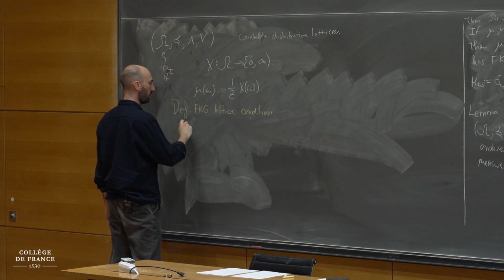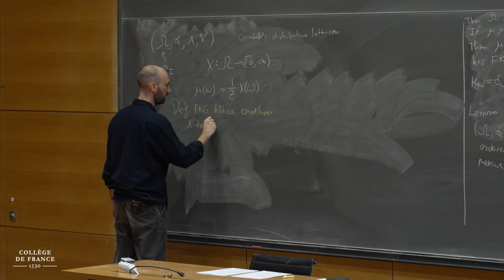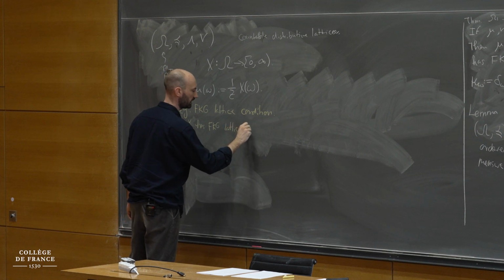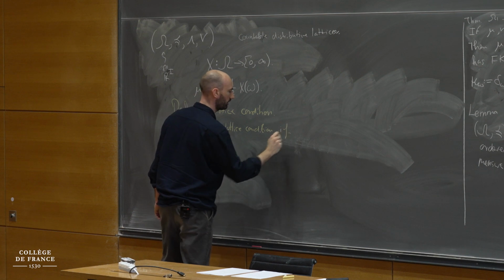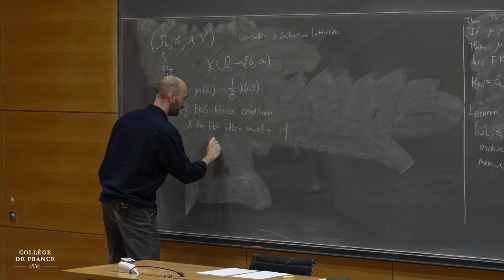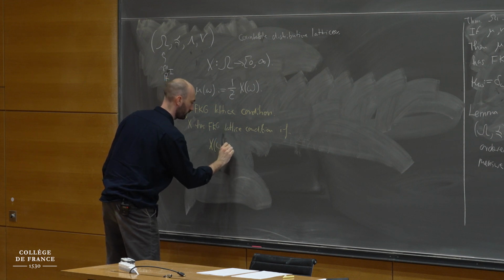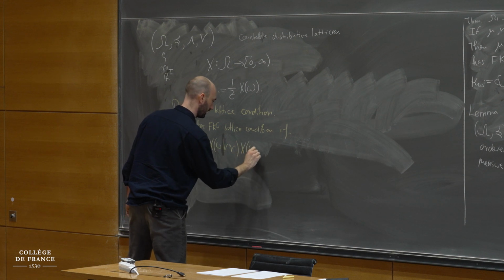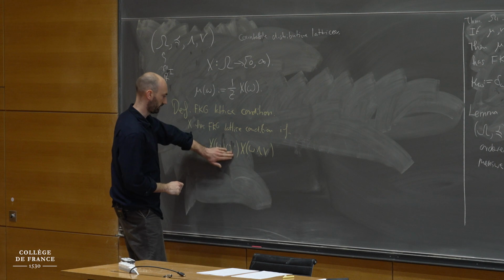So X has the FKG lattice condition if X of omega nu, X omega nu, oh my god, the choice of letters is terrible.